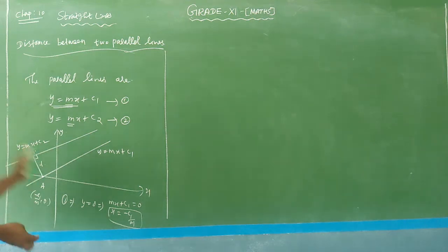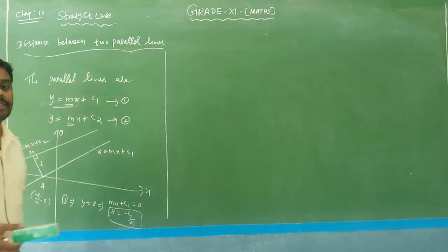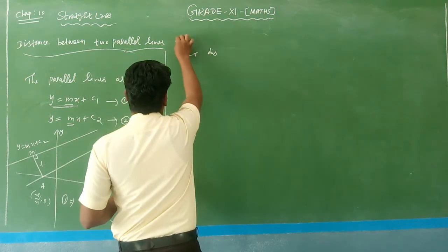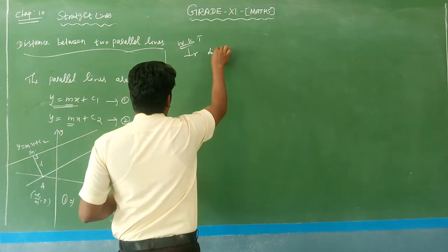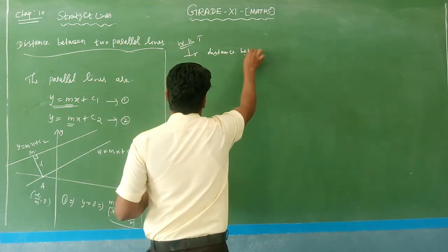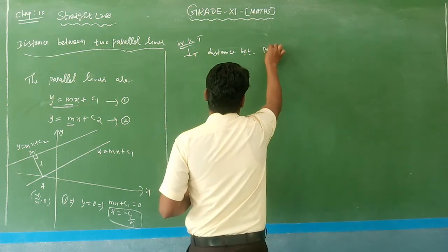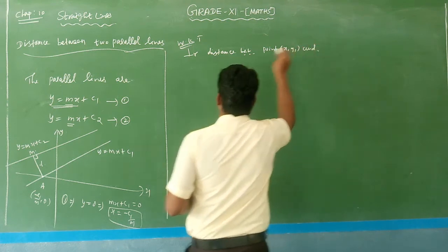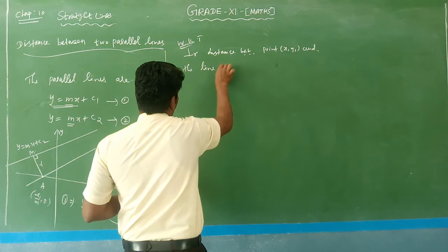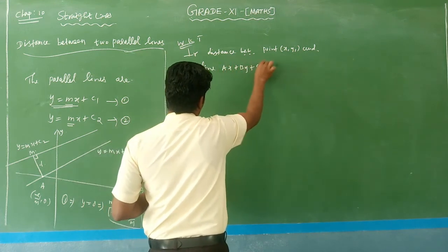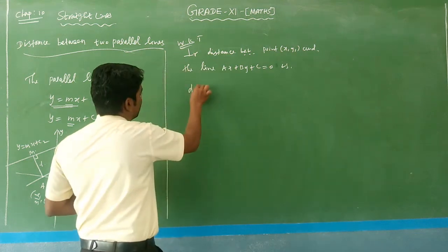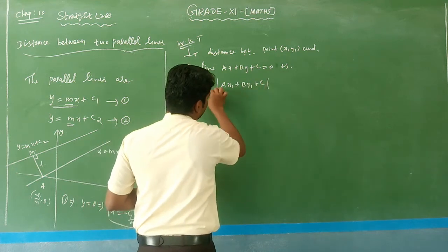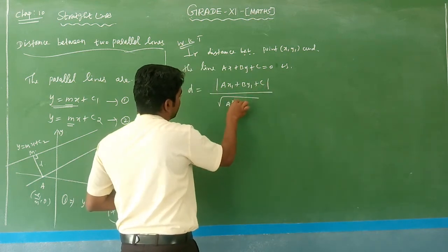Already we know the formula for the perpendicular distance between a point and a line: for the point x1 comma y1 and the line ax plus by plus c equal to 0, d is equal to modulus of ax1 plus by1 plus c divided by root of a square plus b square.